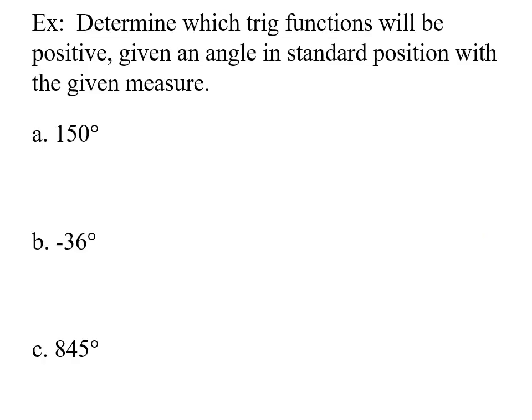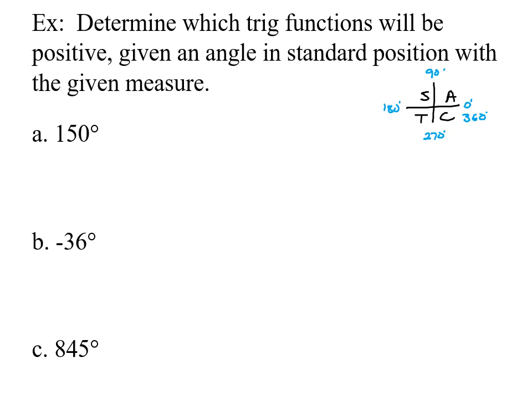So when it says determine which trig functions will be positive given an angle listed below, they're wanting you to apply that idea from that ASTC chart. So if you have this ASTC, and you have the angles going from 0 to 90, 180 to 270, back to 360, then 150 is between 90 and 180.